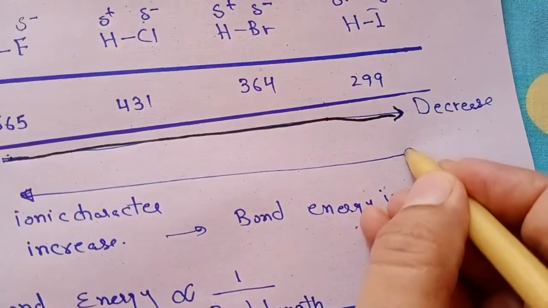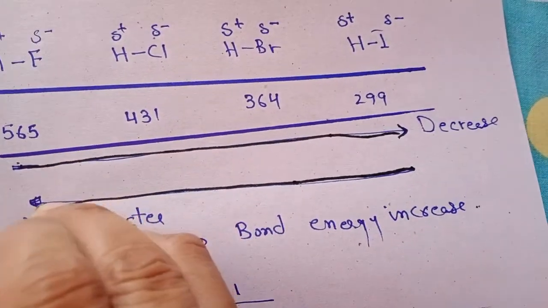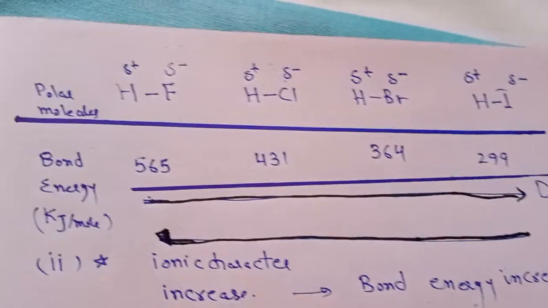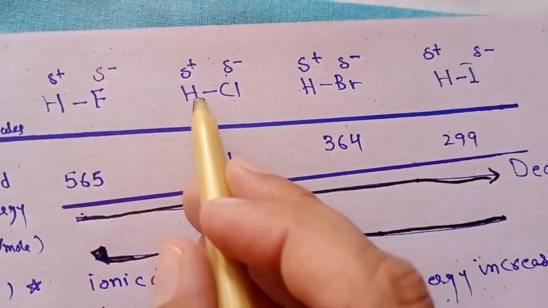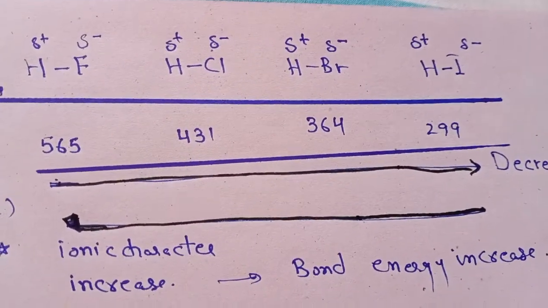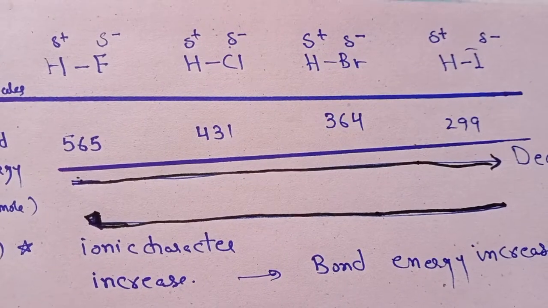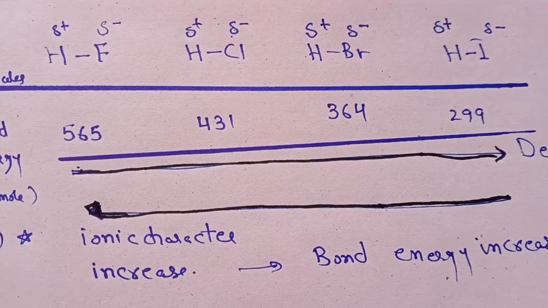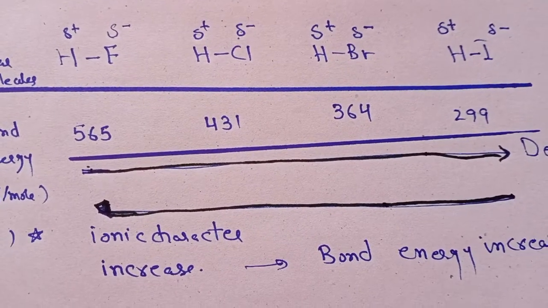And what is happening here? As we go from HF to HCl, HBr, HI, the ionic character decreases, and the bond energy also decreases.